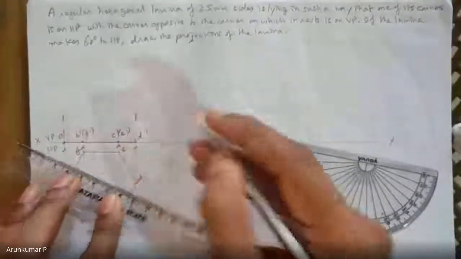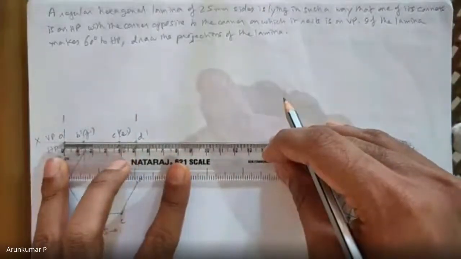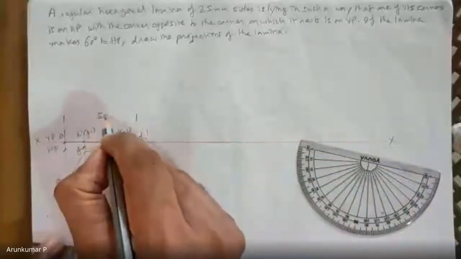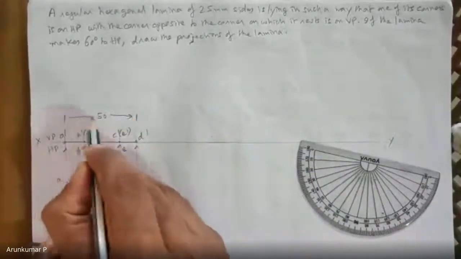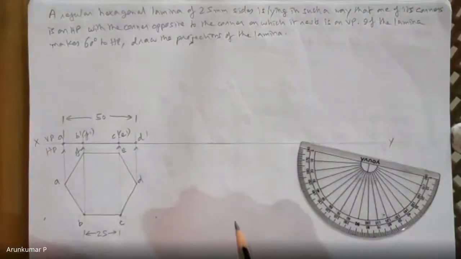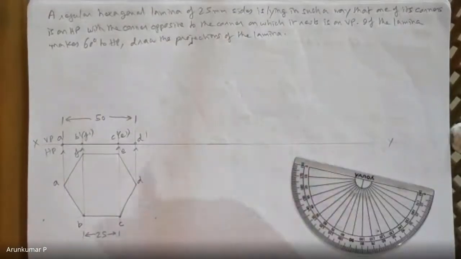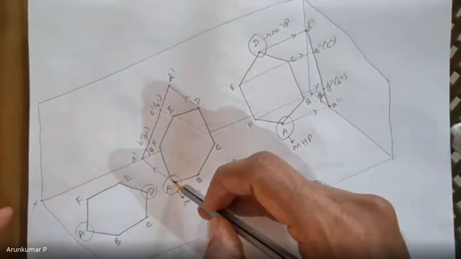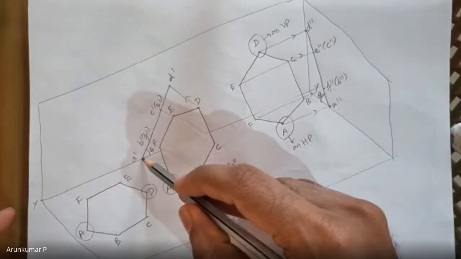Measure the length of the front view, which will come to around 50 mm. Because you need to incline this front view by some angle in the second step, so we need the length. The second step, since the corner A is on HP, its front view A dash will be on XY line.